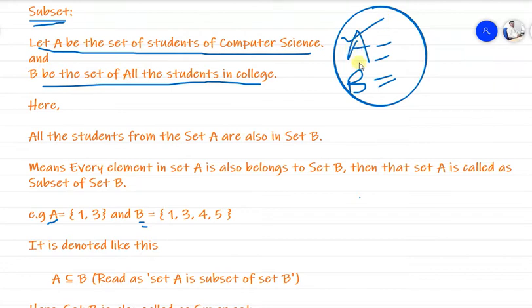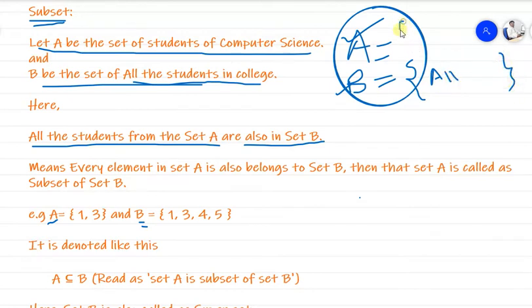So here I want to explain the concept of subset. How does A become a subset of set B? All the students from set A are also in set B. Here I have taken the example of college students. Here you see all the students of the college, and here we are considering only the students of the computer science department. From all, we are considering a few.